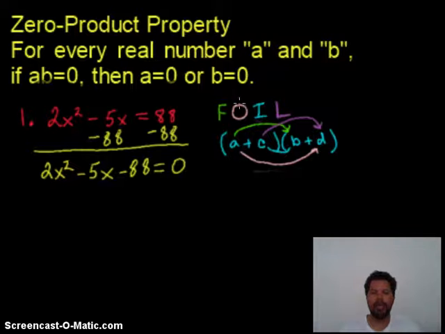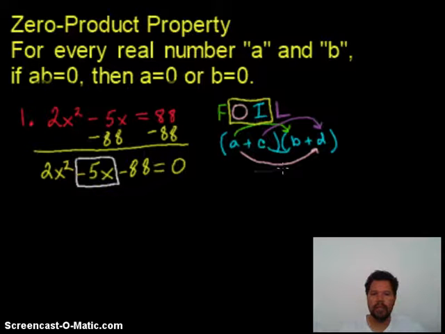And in our case, we're going to focus in on this outer and the inner right here, because that outer and inner term results in our middle term here. Let me put another color here. It results in giving us this middle term.